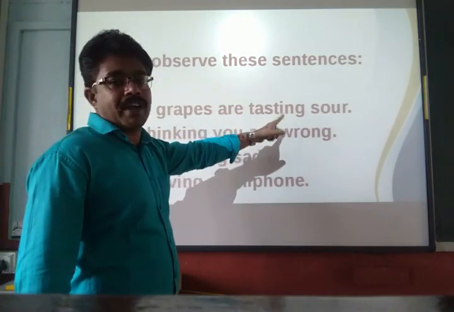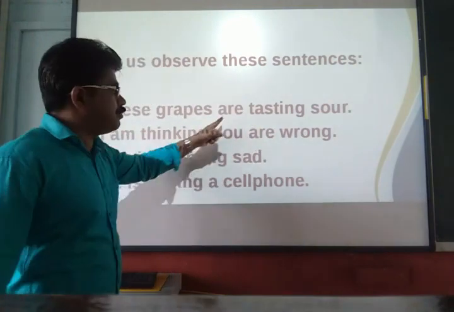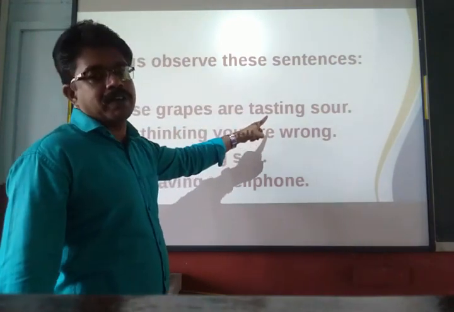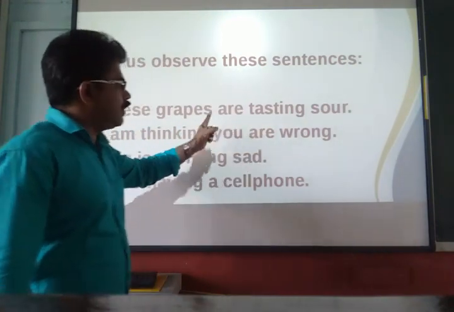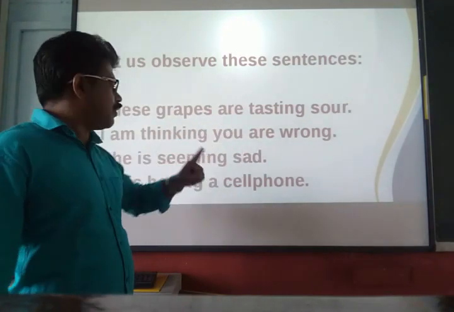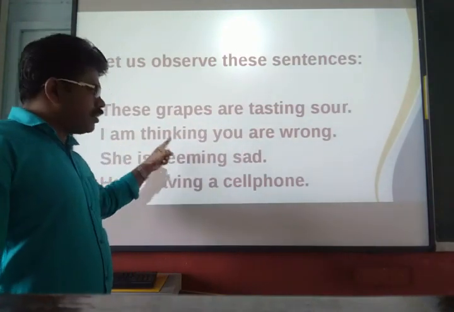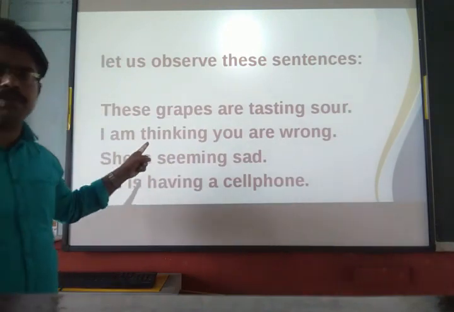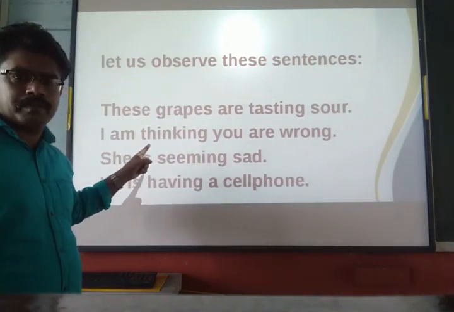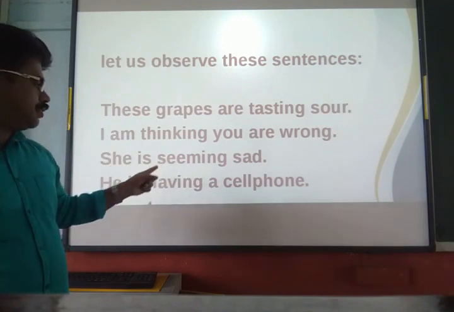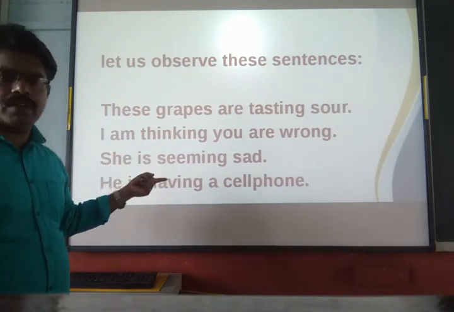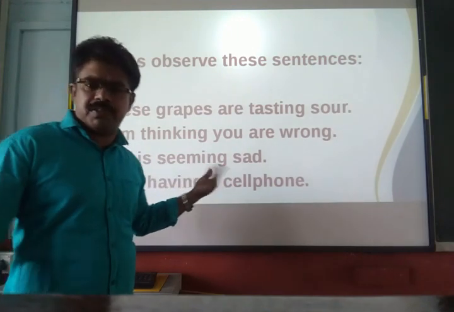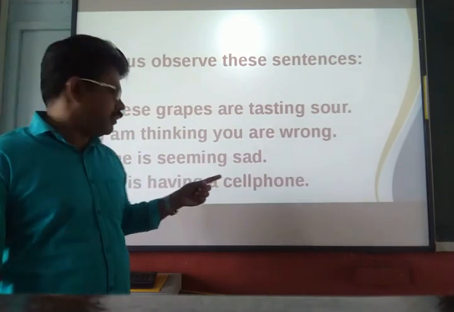Tasting sour cannot be used. These grapes taste sour. That is the usage. I think you are wrong, not "I am thinking you are wrong." She is seeming sad: simply we can use "She seems sad."